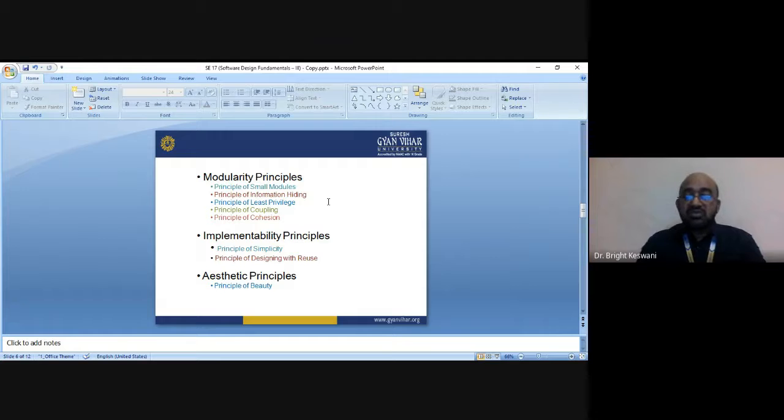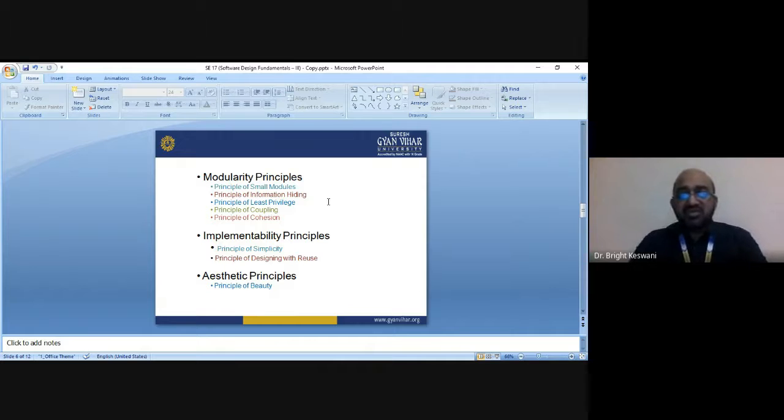With reuse, reuse means reusability. Your software should be reusable, which is the main concept of software engineering. So, what does this principle suggest?